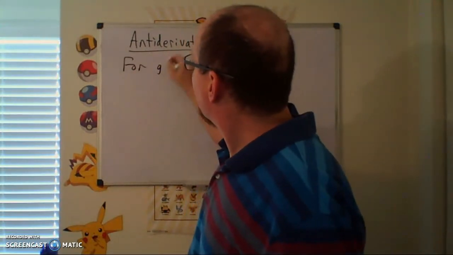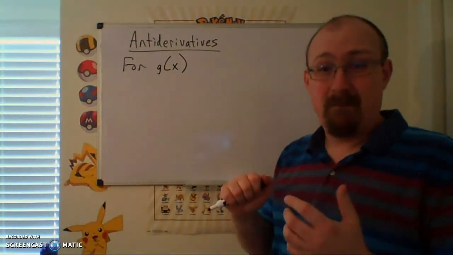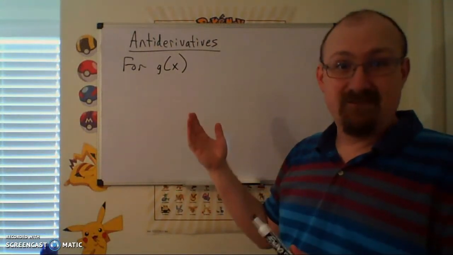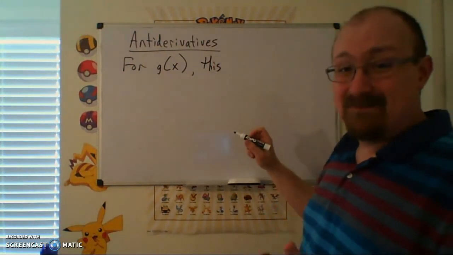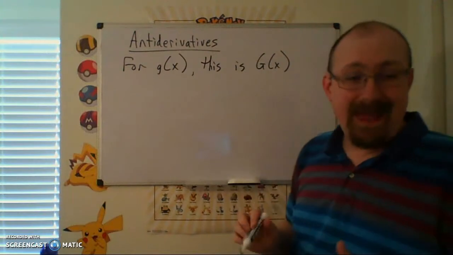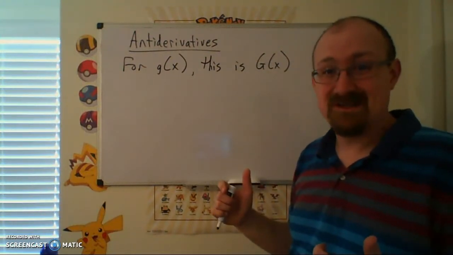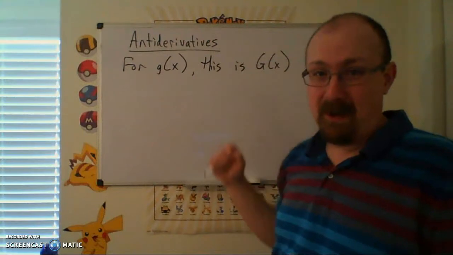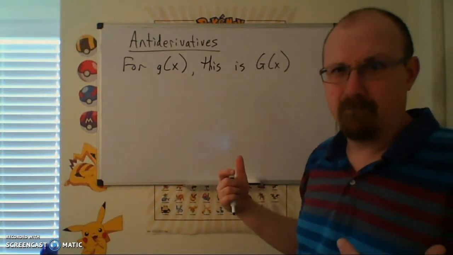So we have a function. Normally I would use f of x here, but for reasons that will become apparent in a moment, I want g of x in this instance. So my antiderivative is going to be a new function, capital G of x. This is the real motivation for why I'm using G instead of F, because when I'm in a hurry writing on a board, little f and big F kind of end up looking alike if I'm rushing.